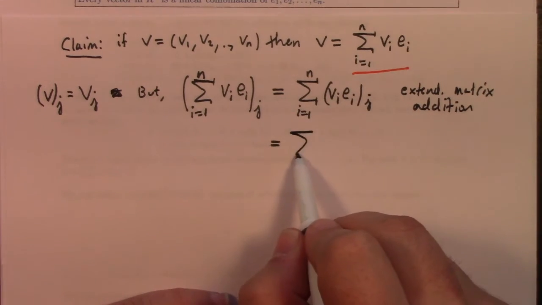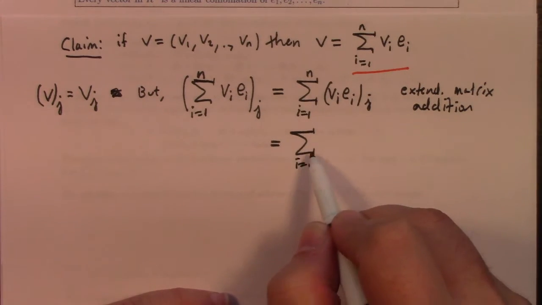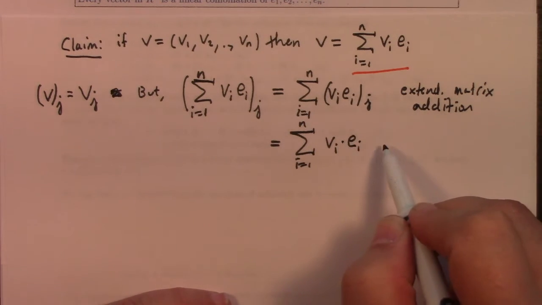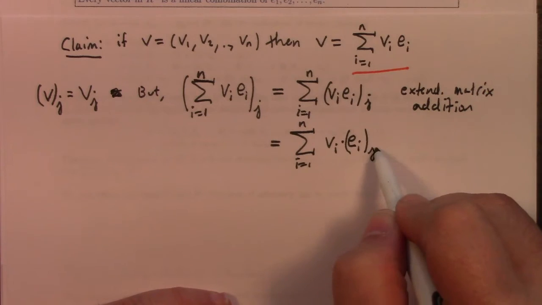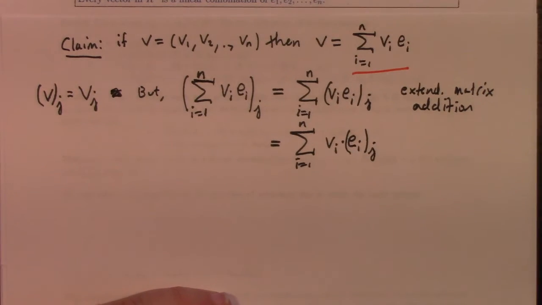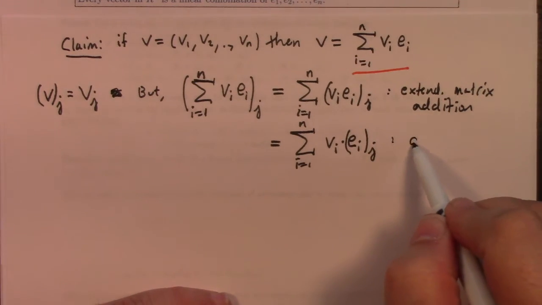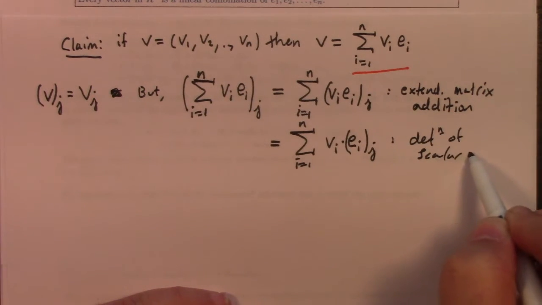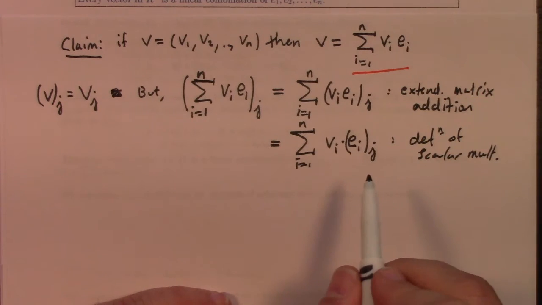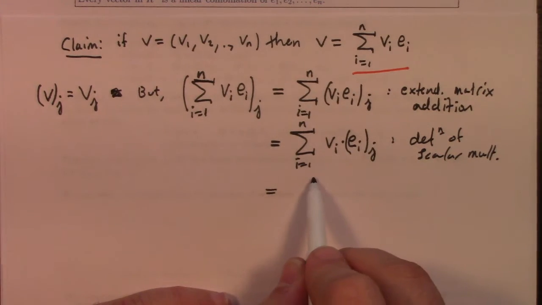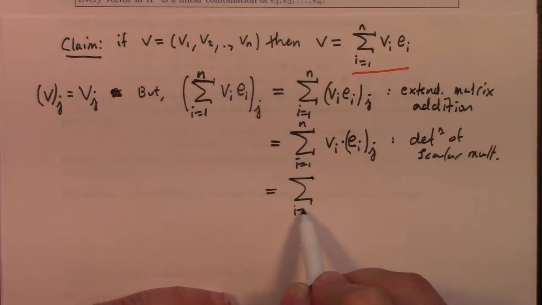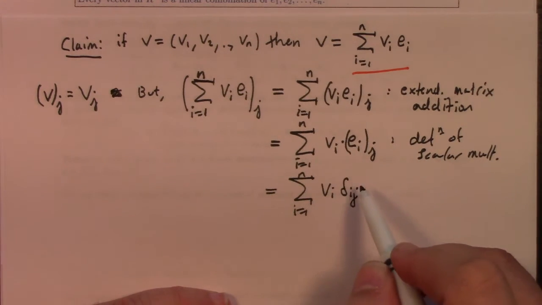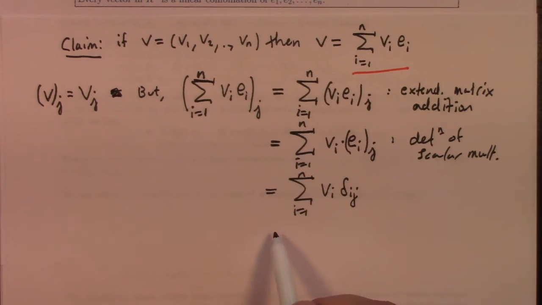What's the definition of scalar multiplication? Well, that's Vi times Ei, and the jth component of that. This is the definition of scalar multiplication. And then we know the definition of the standard basis was the Kronecker delta ij, which means that this is 1 if i is equal to j and it's 0 otherwise.